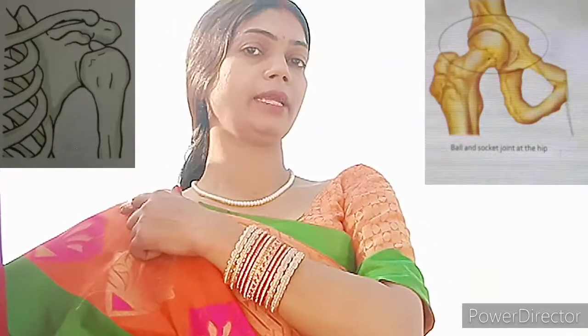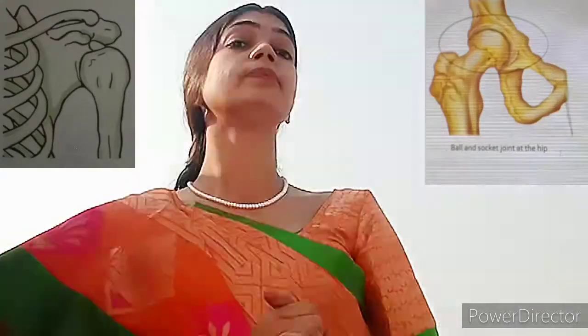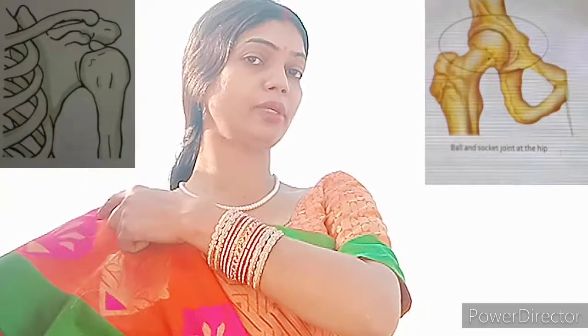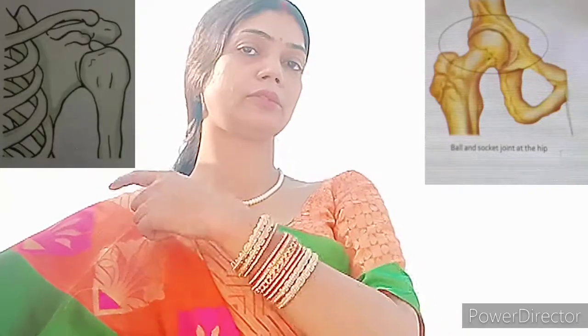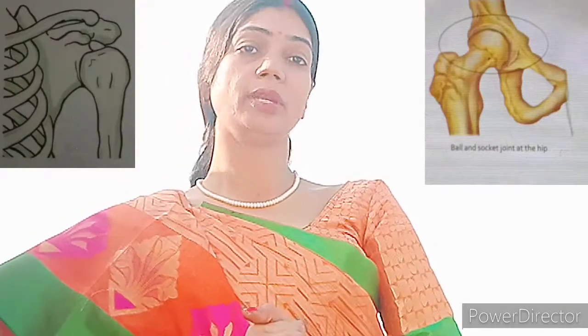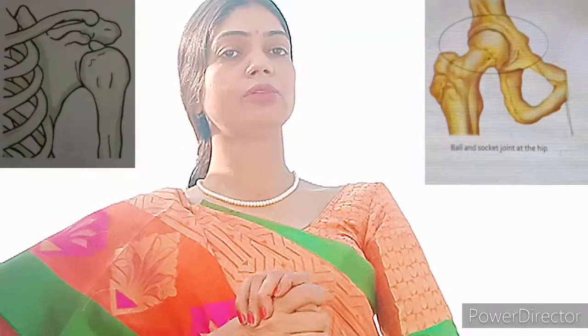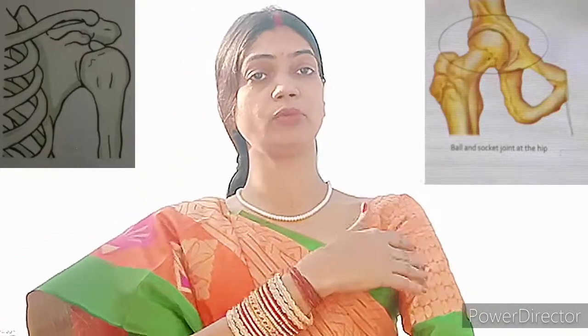So the shoulder joint is called a ball and socket joint, and the hip joint is also called a ball and socket joint. You can see this in the picture also. Because they are ball and socket joints, they allow movement in all directions, so that we can easily move our shoulder in every direction, and we can also move our waist in all directions.